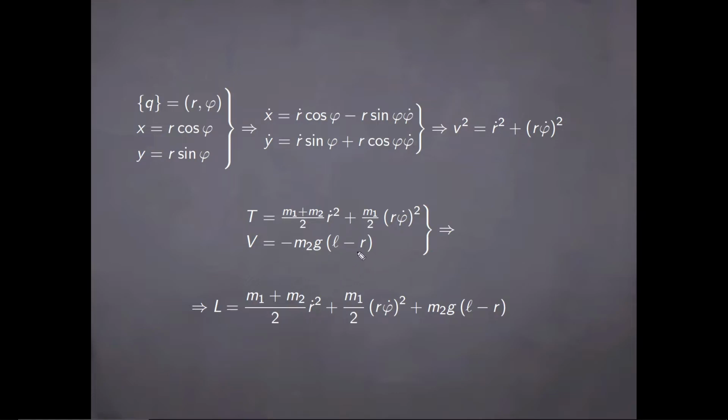It's written in such a way that when r equals L, it will have its maximal value, and when r equals 0, so when I have reached the hole, it will have the minimal value. And from these two expressions, I can immediately calculate the Lagrangian as given here.